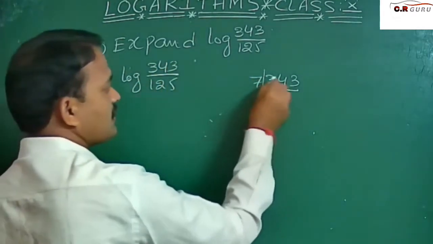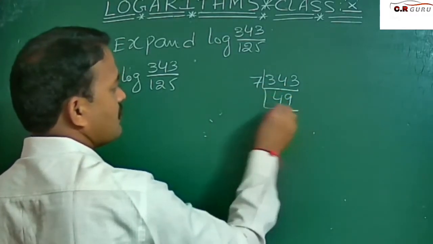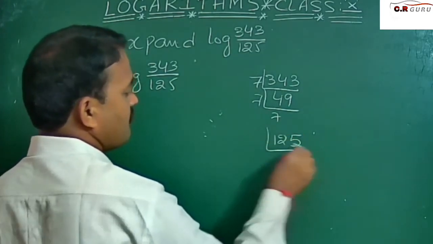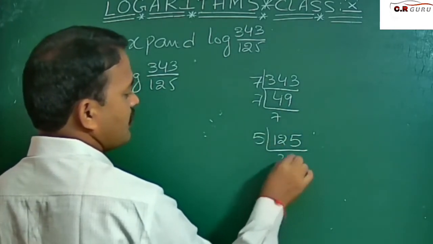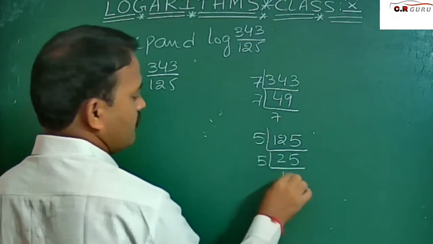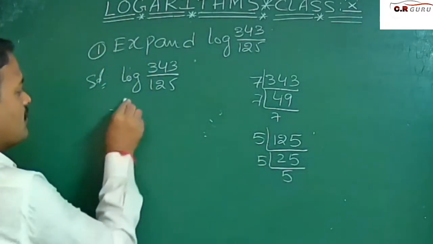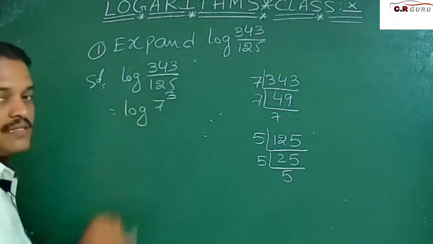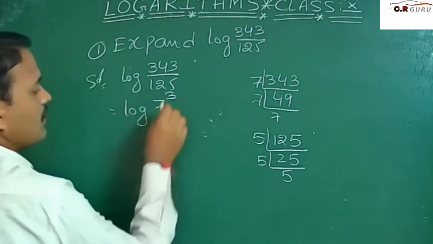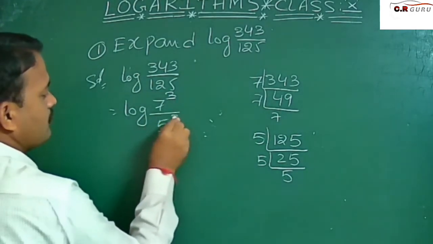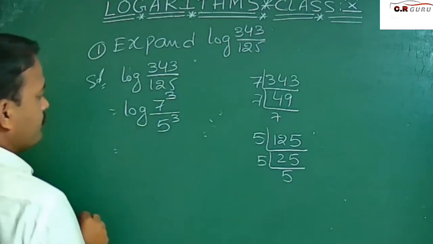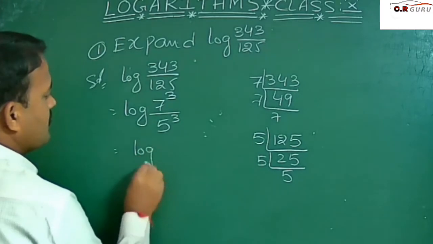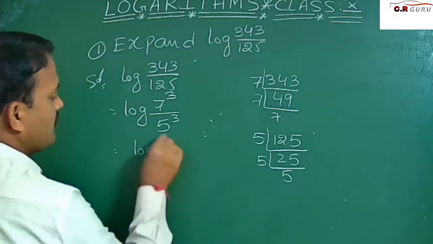The prime factors of 343 are 7, 49s, 7 7s, and similarly the prime factors of 125 are 5, 25s, then 5 5s. So now this can be written as log of 343 can be written as 7 cube and 125 can be written as 5 cube. That equals log of 7 by 5 whole cube.